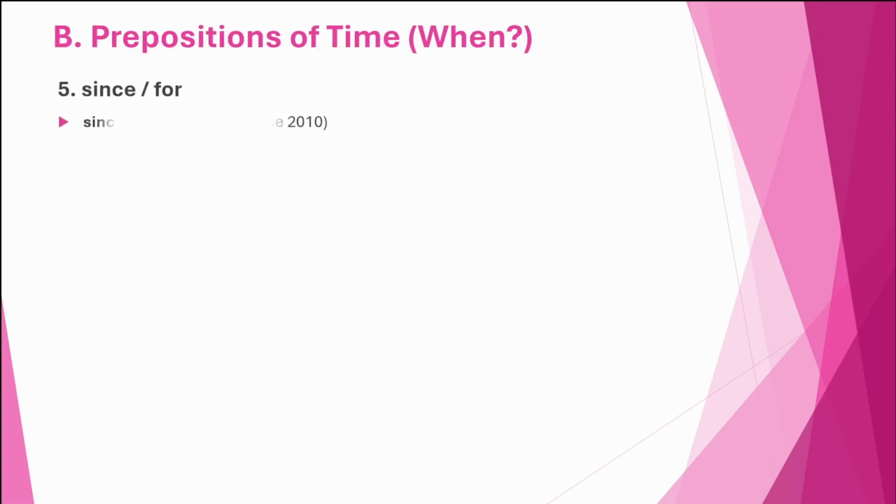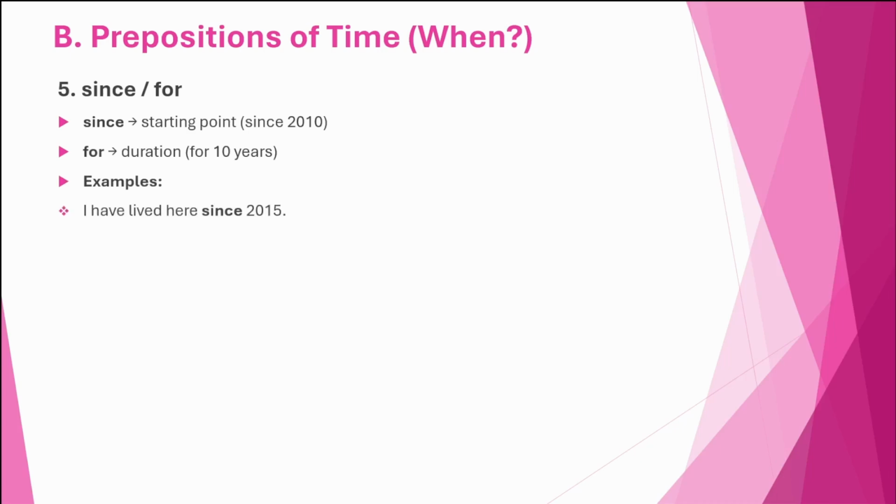The fifth one is since and for, which are used to denote an event that started somewhere in the past. So the preposition since is used to denote the starting point of an event. For example, since 2010. So something started in the year 2010, and the preposition for is used to show the duration of the event, for example, for 10 years.